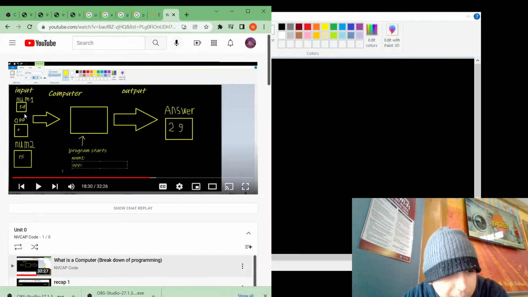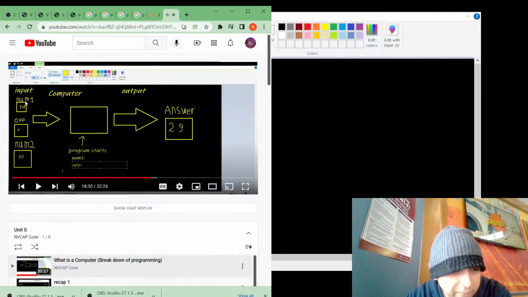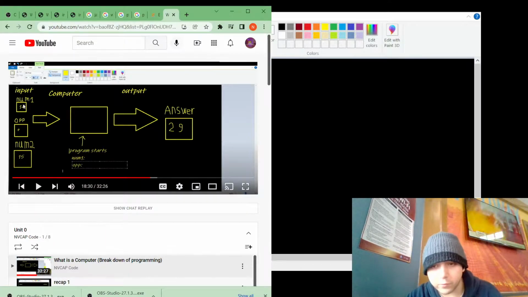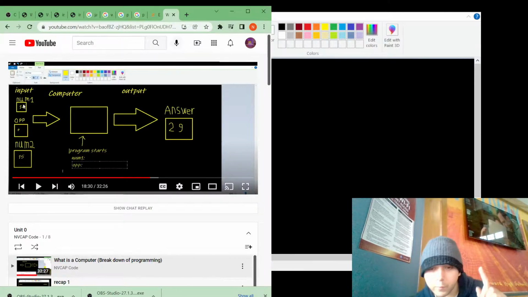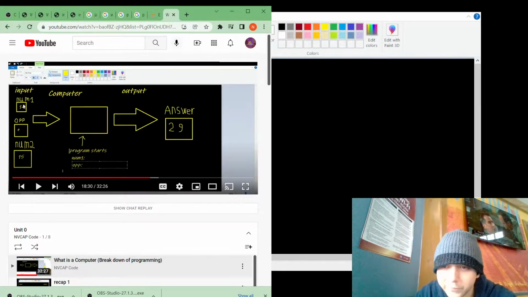You would have to throw the numbers into variables. It would have to remember the first number, the second number, and what you're trying to do with the numbers.